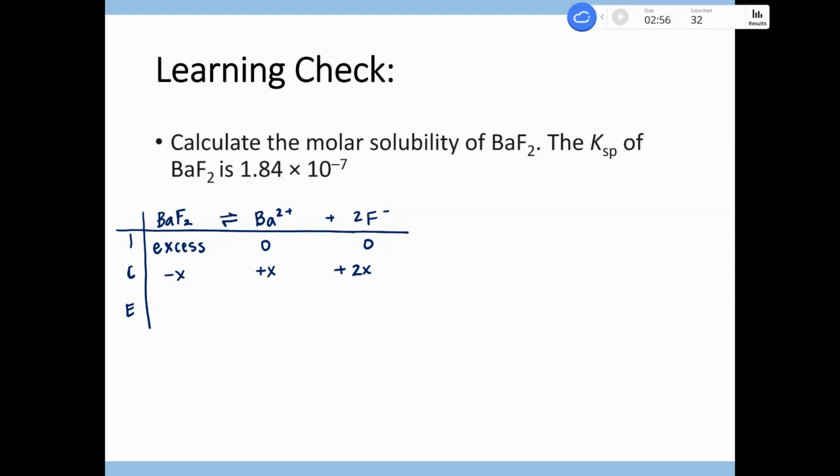That's the balanced equation. So now we need to solve for x.